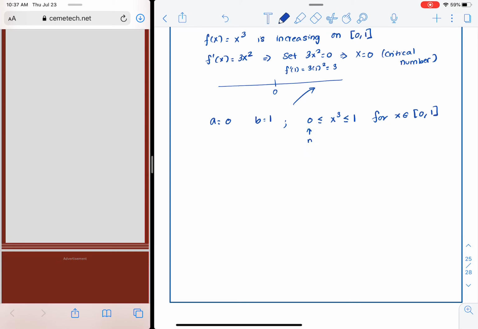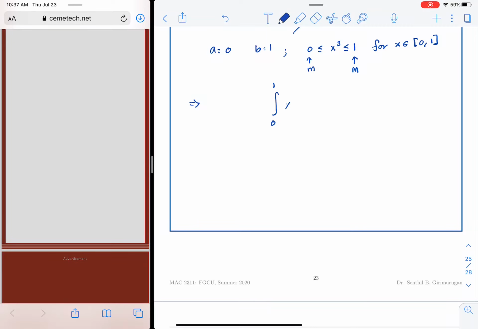So that is lowercase m, that is uppercase M. Therefore, using the property, the integral of 0 to 1 x cubed dx has to lie between lowercase m times b minus a and uppercase M times b minus a. That is one of the properties.